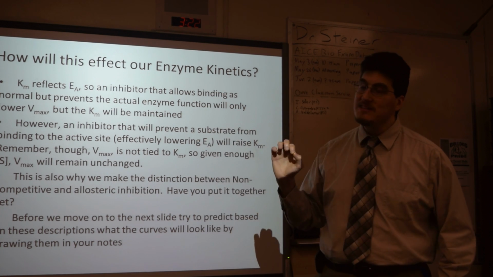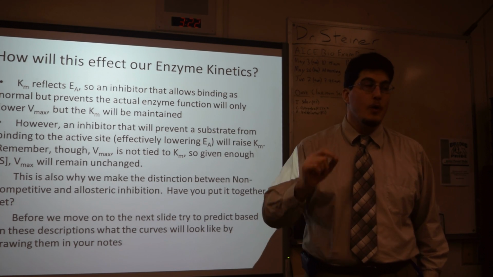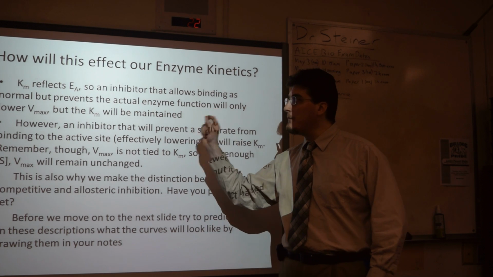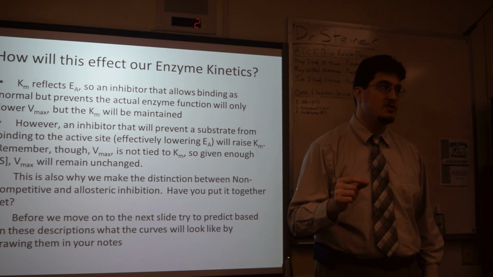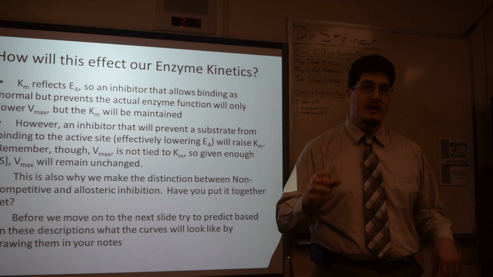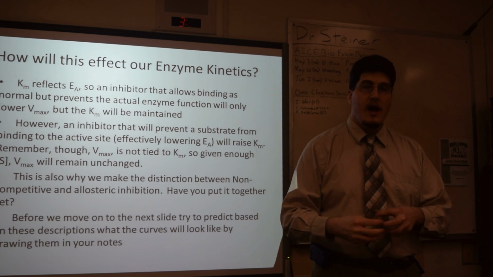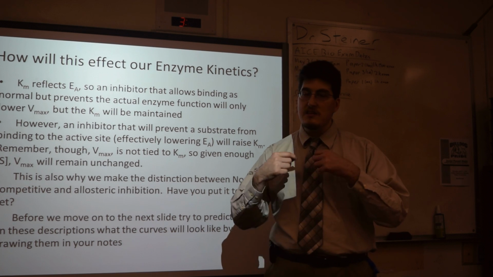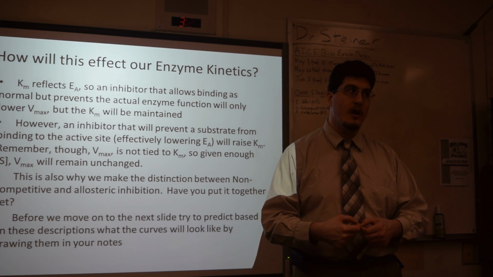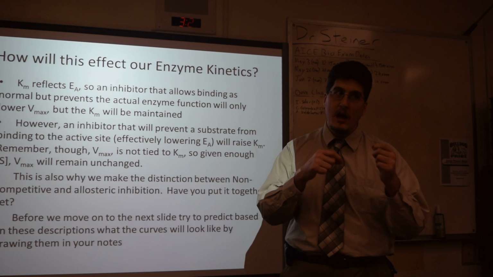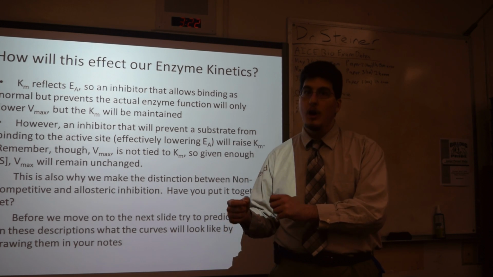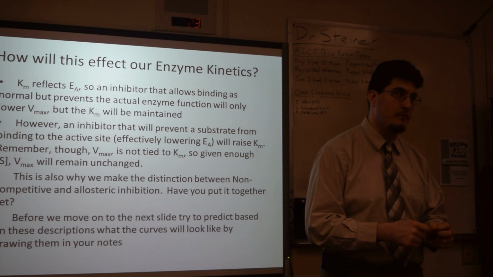But the Michaelis-Menten constant will be maintained. The enzyme affinity is unchanged. Enzyme affinity is enzyme substrate binding readiness. An inhibitor that does not change how readily enzyme binds to substrate will not change Km.